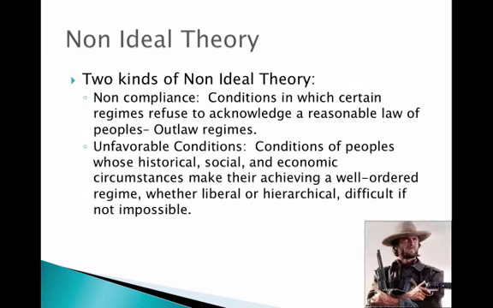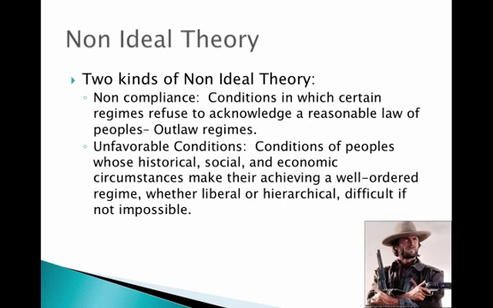Okay. He says there are going to be two kinds of non-ideal theory. One is non-compliance. These are conditions in which certain regimes refuse to acknowledge a reasonable law of peoples, basically outlaw regimes. In contemporary politics, we would classify North Korea as an outlaw regime. The second type of non-ideal theory involves unfavorable conditions.